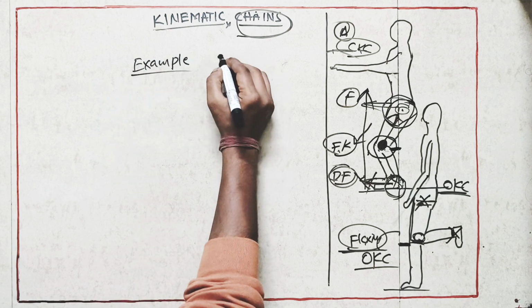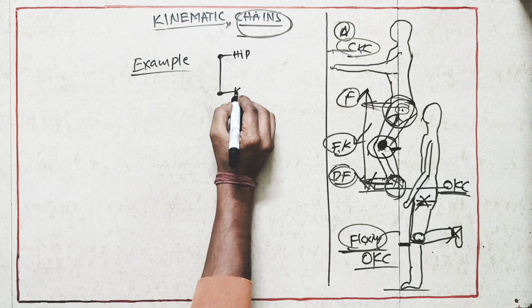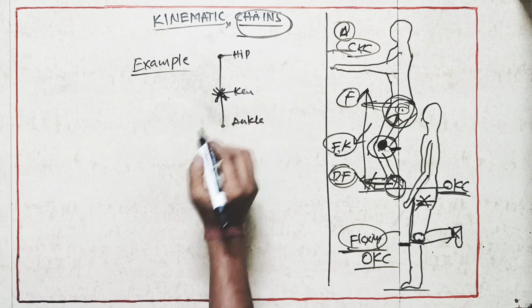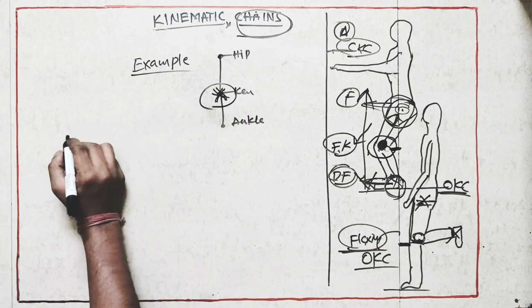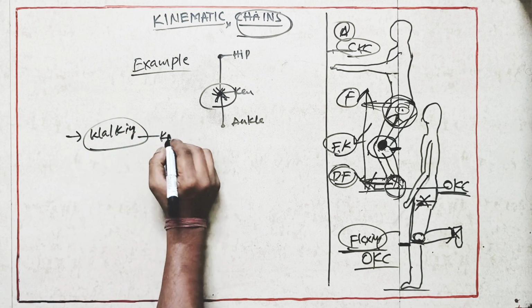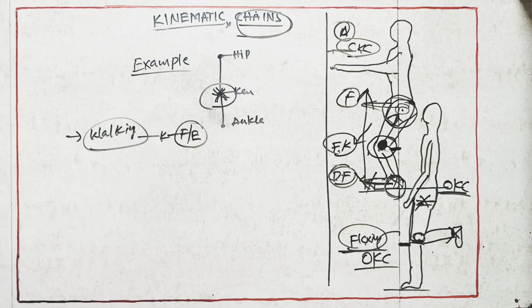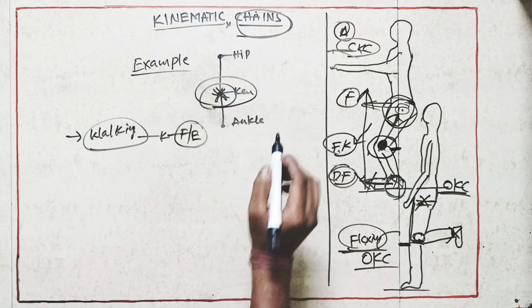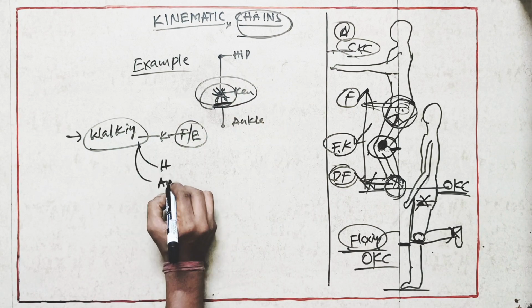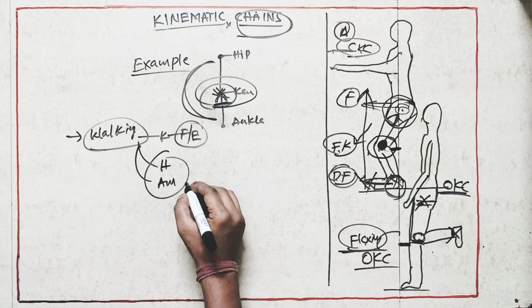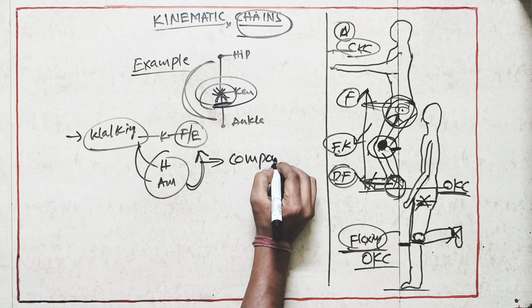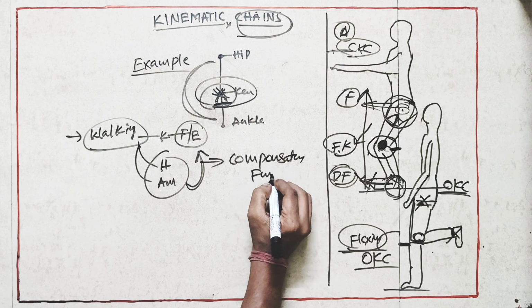For example, this is the hip joint, this is our knee joint, this is our ankle joint. If an injury happens to the knee joint, whenever the patient is walking, he has to do knee flexion and extension. Here the knee joint is injured. Because of this injury, the hip and ankle joints will help the knee joint as a compensatory function.